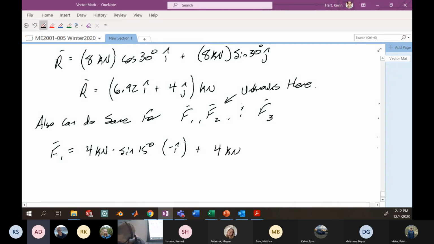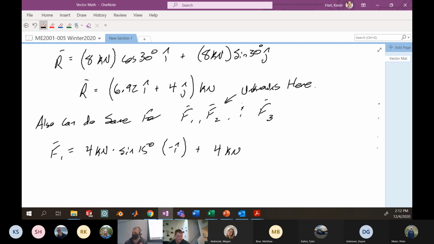Question: Is there a particular reason why you prefer to have your negative unit vector as opposed to just doing sine and cosine of 105? The question is whether there is a preference for using the negative unit vector instead of sine or cosine of 105. Either way is perfectly fine.